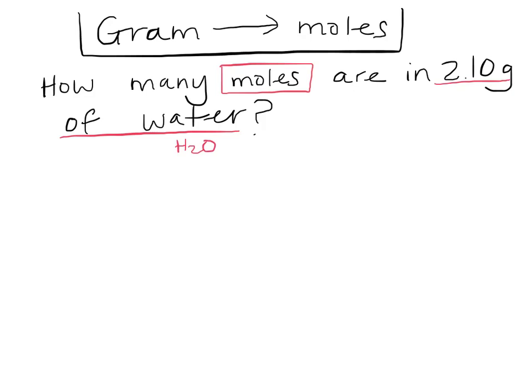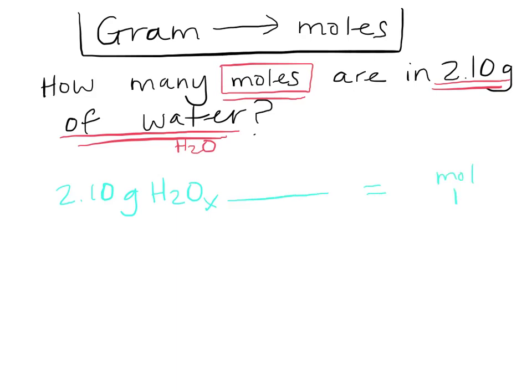So I boxed my final thing, and I've simply underlined my given. That just helps keep me organized. So I'm going to take my given, which is 2.10 grams of H2O, set up my little conversion factor, and then write moles of water over here because that's what I want my final answer to be in.